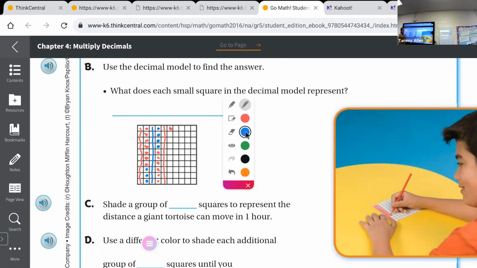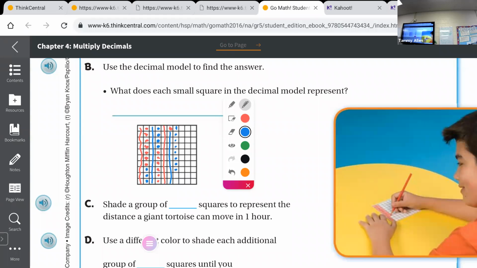And we move back to our second color. We have 9, 10, 11, 12, 13, 14, 15, 16, 17 filled in. And how long has Mr. Tortoise been gone? 4 hours.